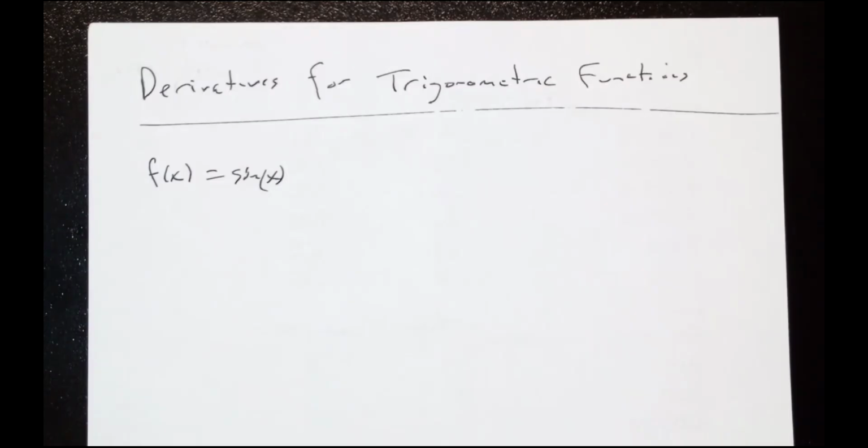Right now, I have no shortcut formula that I know for how to take the derivative of sine of x. If I don't have a shortcut, I need to do it the long way. And that means I've got to go back to my limit definition.